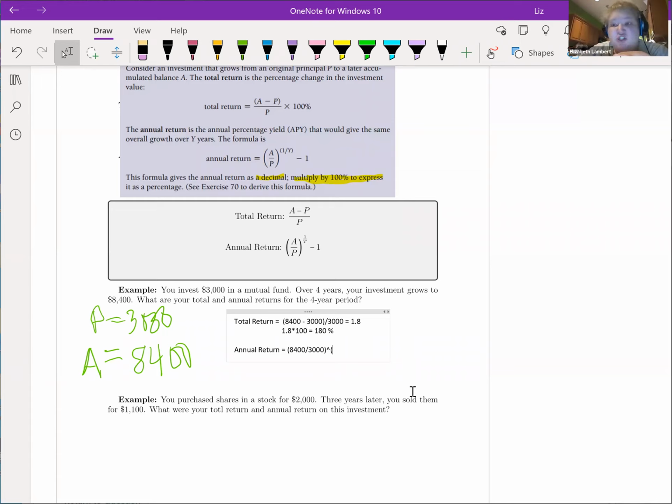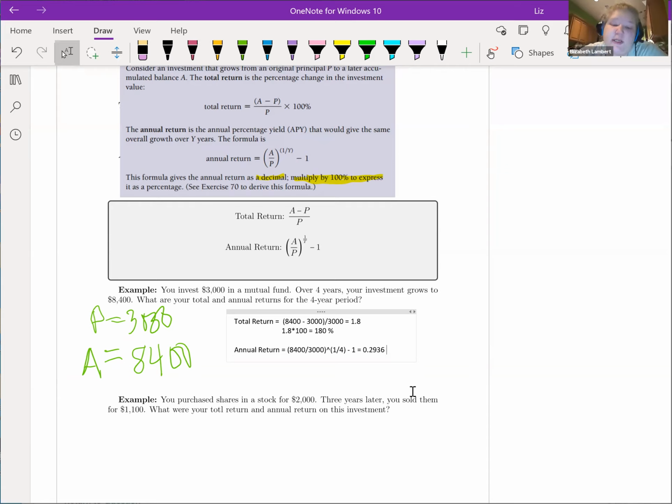But you can also use fractional powers to do crazy things like 2/3 or 3/2 or 7/5. Powers can get all sorts of crazy. So here it is 1 over the number of years, which for this problem was 4.